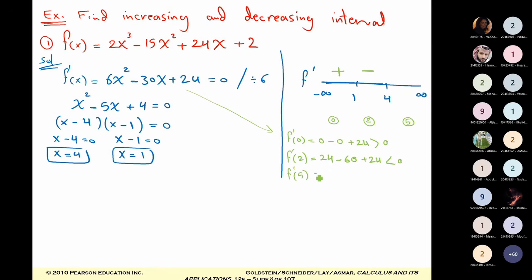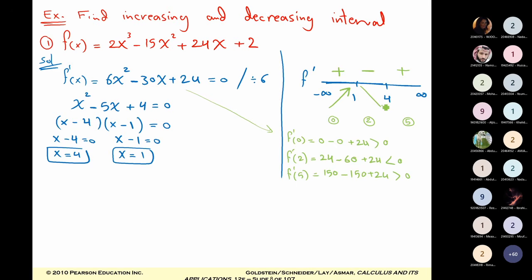Substitute 5: 5 squared is 25 multiplied by 6, we have 150, minus 5 multiplied by 30, 150, plus 24. This is positive. So if f prime is positive, we have increasing.